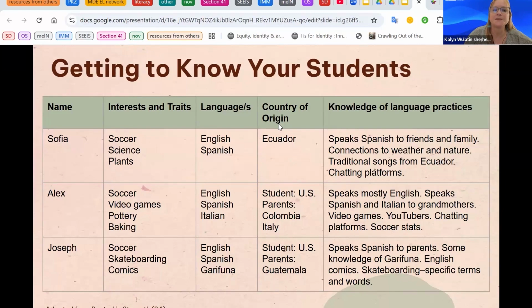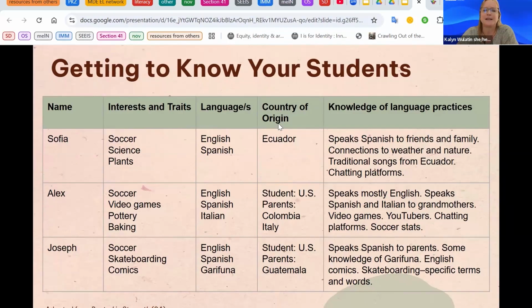Right. What I liked about this is that we all get to know our students in different ways, of course, but it's having some sort of chart or some way of keeping track of things. If you ever ask students to share some things with you, whether on a Google form or whatever at the beginning of the year, one of the things could be, what languages do you speak?